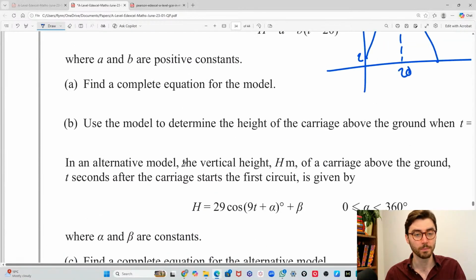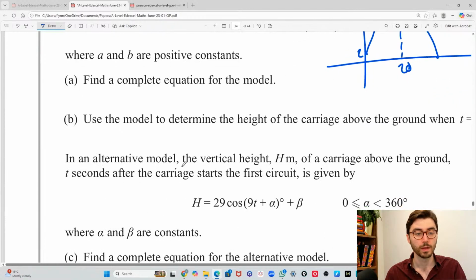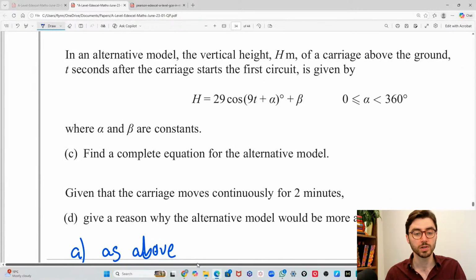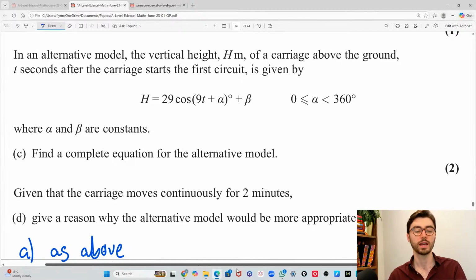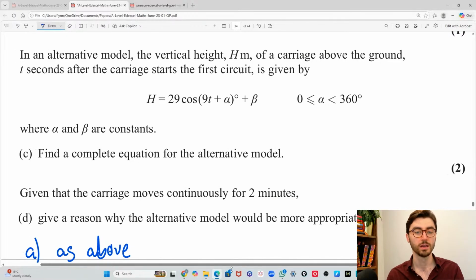So here, in an alternative model, we're modeling it as trig. So now we want to use the exact same information as before to find alpha and beta.